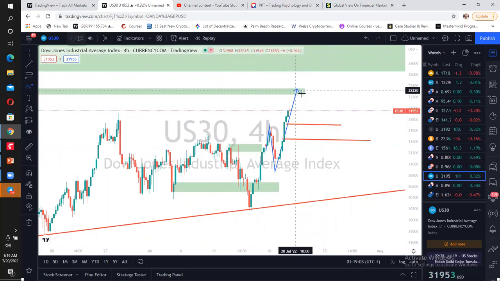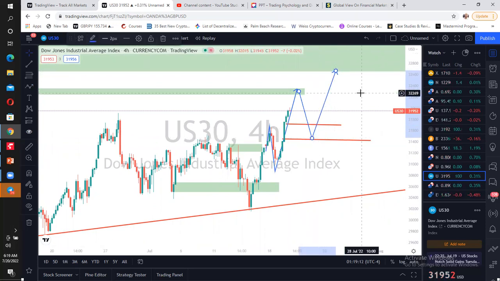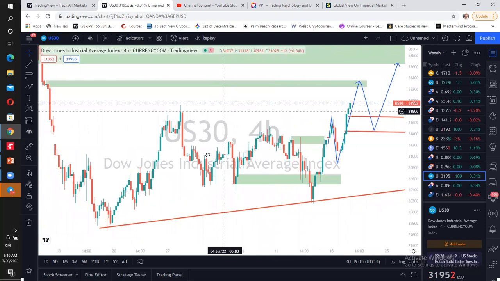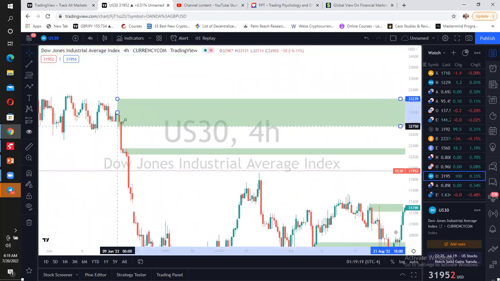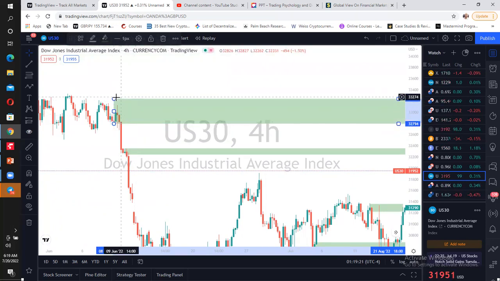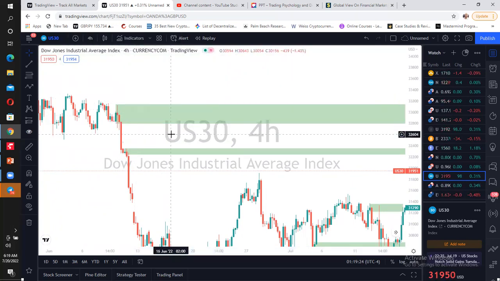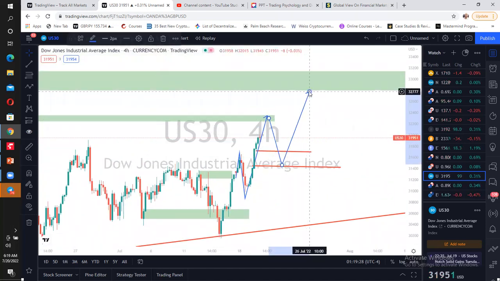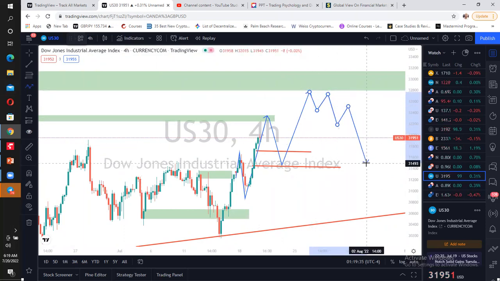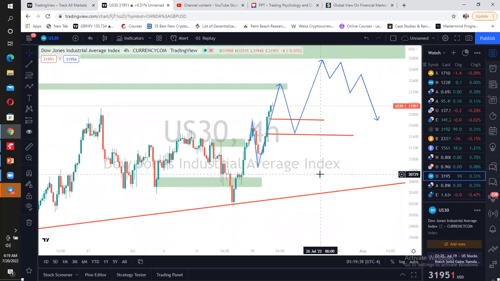Then concluding push up. That is what I want to see on this pair. So from this place now, I'll be anticipating a reversal. So that is what I'm anticipating on this particular pair.